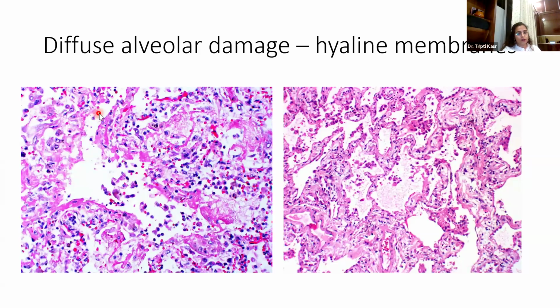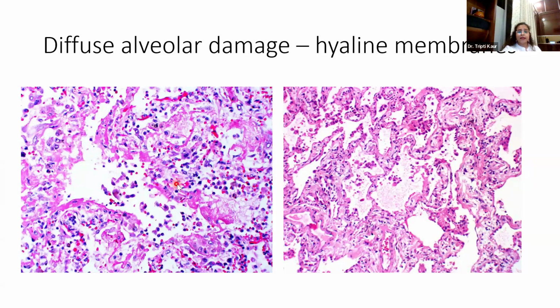This is the acute phase of diffuse alveolar damage. When it becomes a little chronic, you might not be able to find these hyaline membranes very evidently. They may be hiding somewhere. Like in this area, you can see a portion of a hyaline membrane.